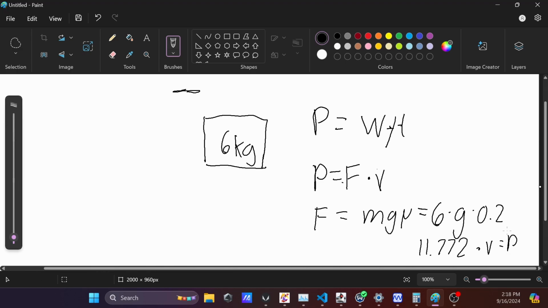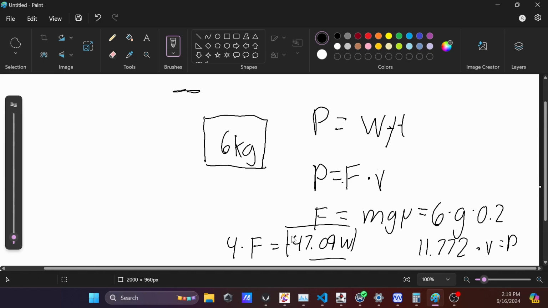That gives 47.09 watts. That's B. And then what happens here is that the friction force would actually be negative, because it's slowing the block down as it slides.